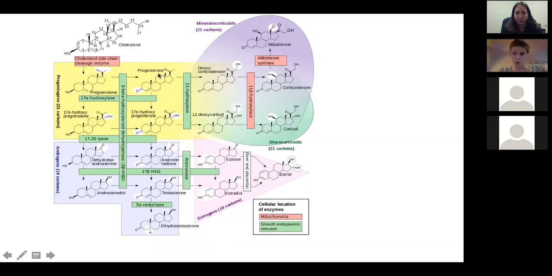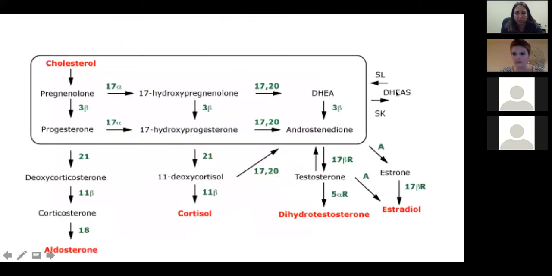So now that we've oriented to these different classes, let's take a look at a more simple diagram. Here we have our cholesterol or pregnenolone, progesterone, and then we have our DHEA. Over here, we have our estrone, our estradiols, as well as some more potent versions of testosterone.